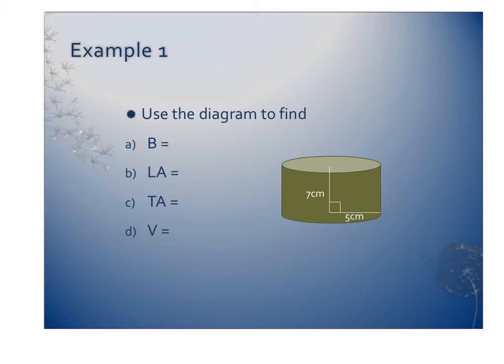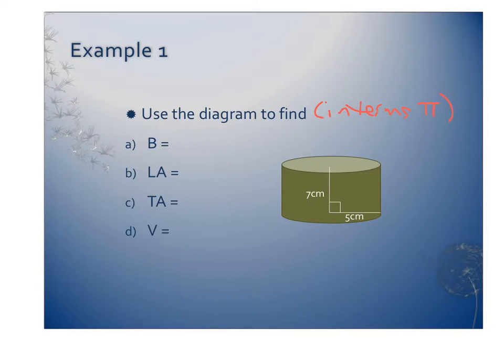We are going to leave all of our answers in terms of pi. On the test, some of the answers will be left in terms of pi. Some of them, I'm going to just let you use 3.14 for pi, because I know some of you may not have a scientific calculator. It may just be a basic calculator. But know for next year, you should really invest in either a decent scientific calculator or a graphing calculator for Algebra 2.